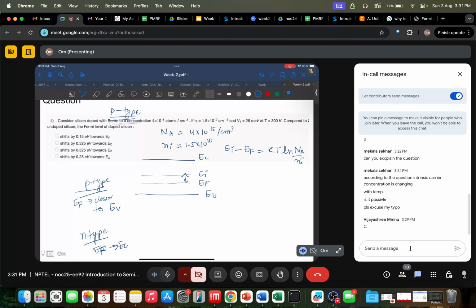And this kT is nothing but Vt, which is 0.026 electron volt. So Ei minus Ef will be 0.026 ln 4 into 10 to the power 15 by 1.5 into 10 to the power 10.